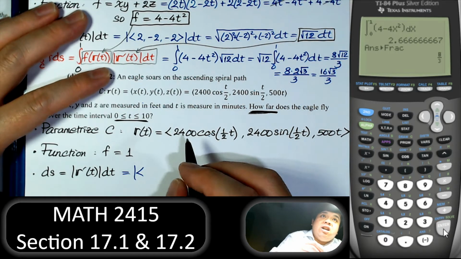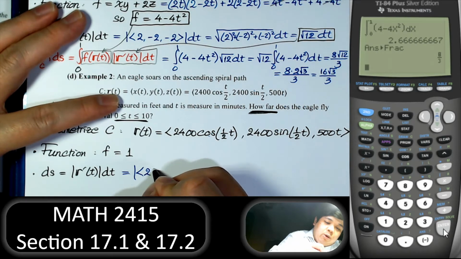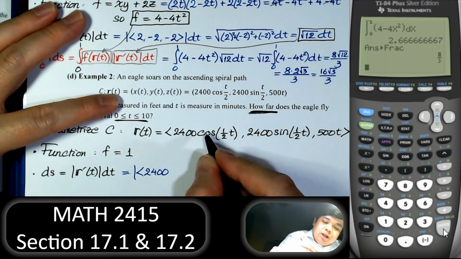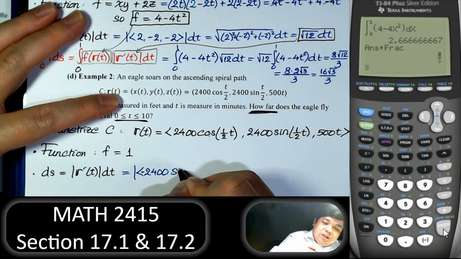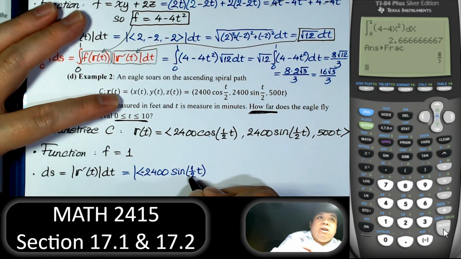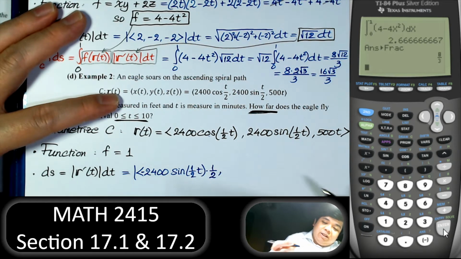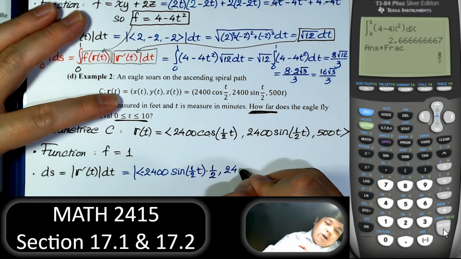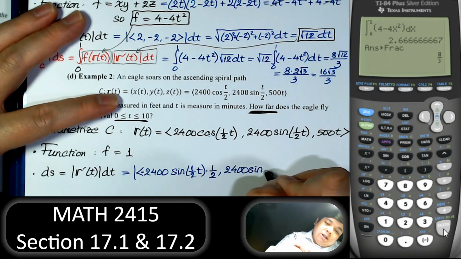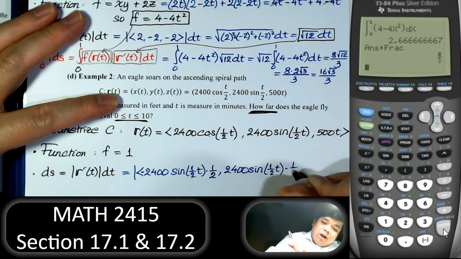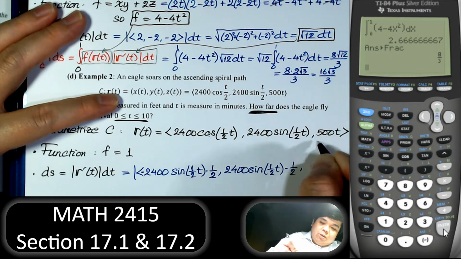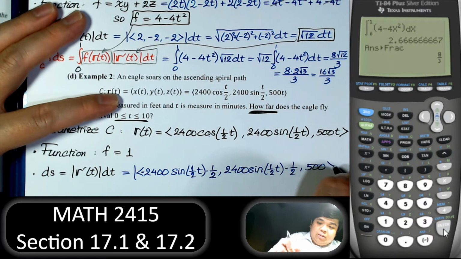Derivative of cosine is negative sine. So we have 2400 times negative sine of 1/2 t. And then we have to take the derivative of the inside, so by the chain rule we multiply by 1/2. Then 2400 sine of 1/2 t multiplied by 1/2, and then the derivative of that, 500.